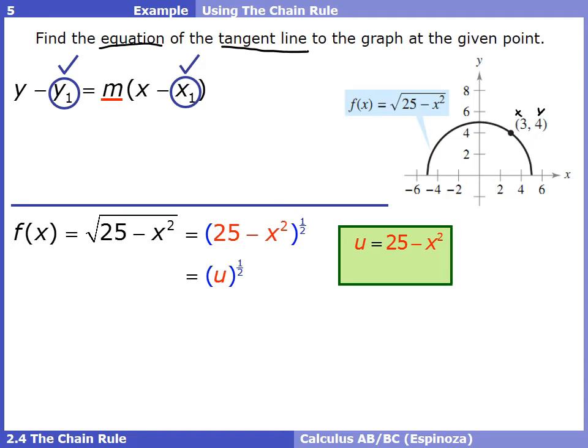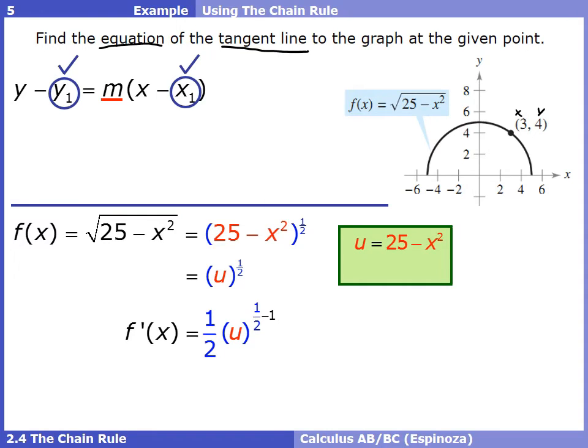As soon as you realize this is a chain rule kind of problem, we can think about that process of using the chain rule. So what did the process of the chain rule need us to do? Well, we need to take the power, bring it down to the front. We need to rewrite the u, leave it alone, don't change it in any way. Take that power, reduce it by 1.